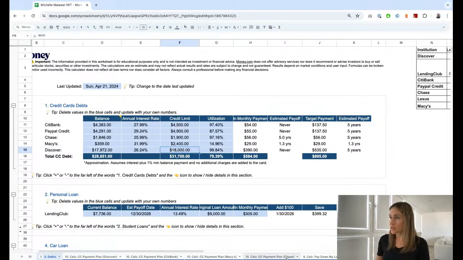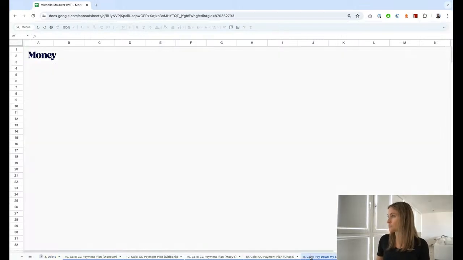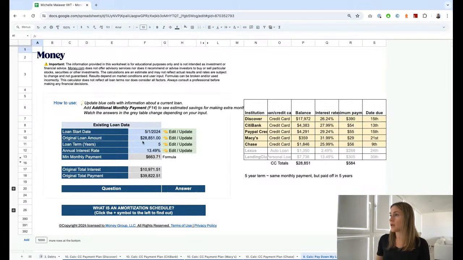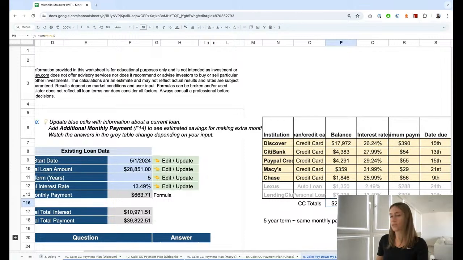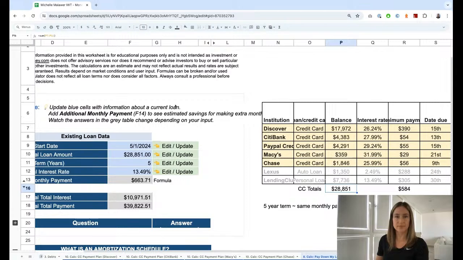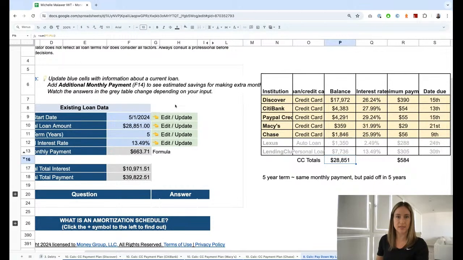And then the other thing I was considering is the personal loan. So the total amount of debt, I'll zoom in just a little bit, for credit cards is, you can't see it, there it is, $28,000.